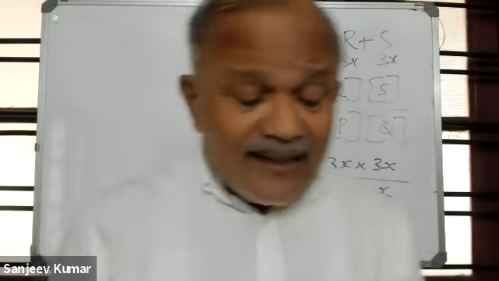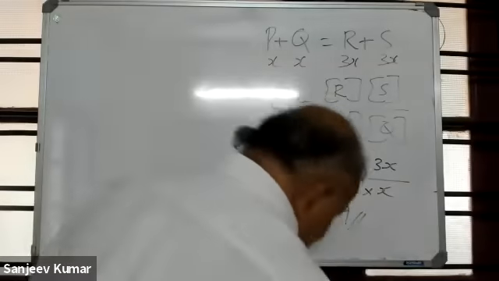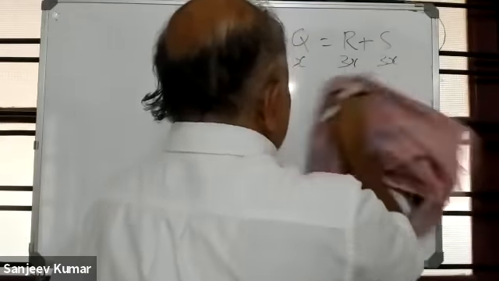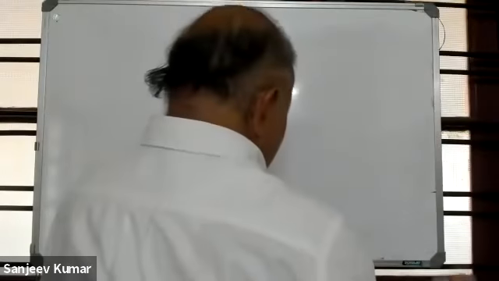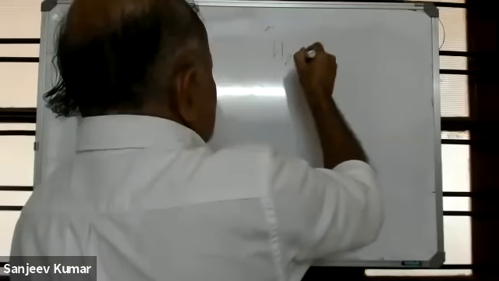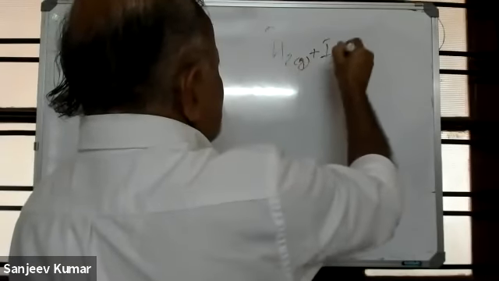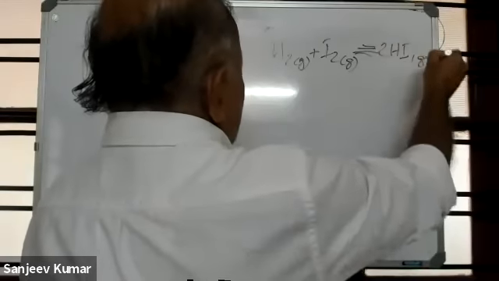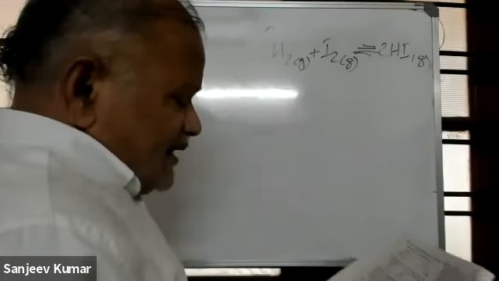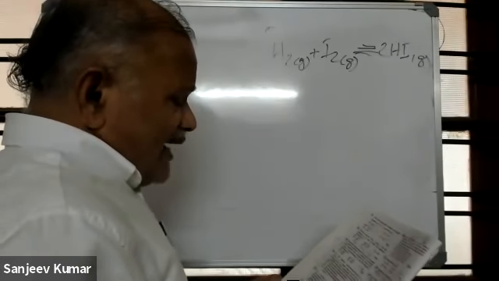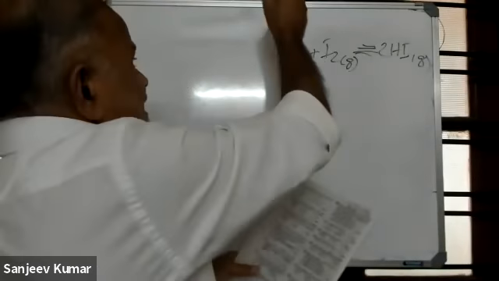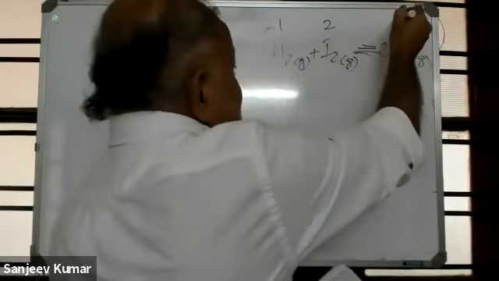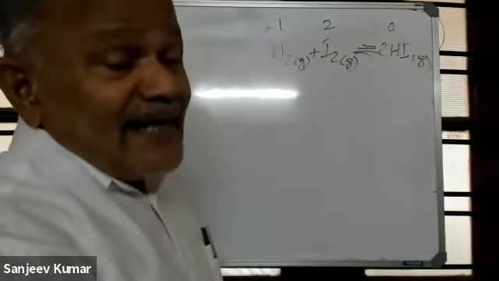Hydrogen and iodine react to give hydrogen iodide, and the equation is H2 gas plus I2 gas gives 2HI gas. 1 mole of hydrogen and 2 moles of iodine are taken initially, and initially there are 0 moles of hydrogen iodide.